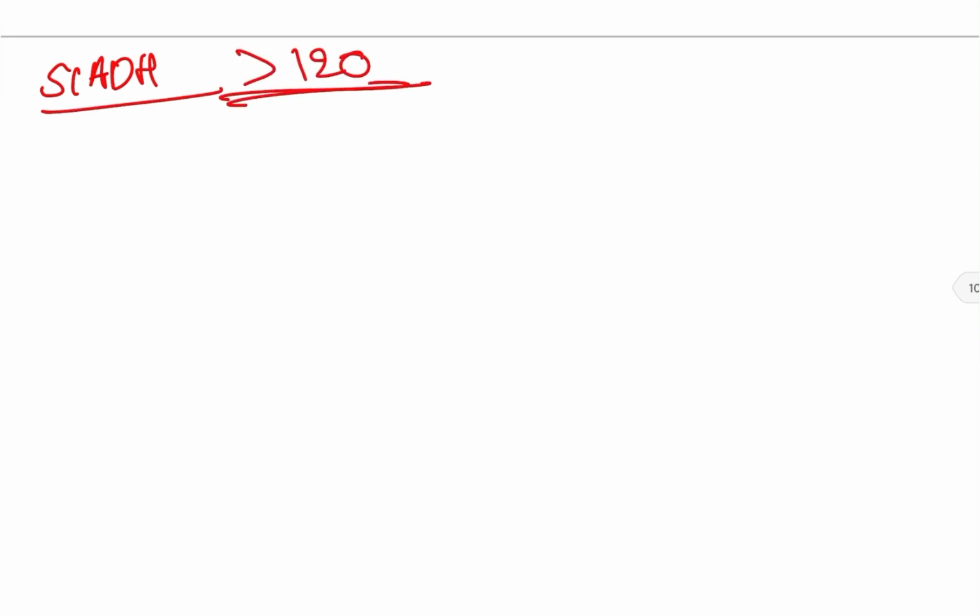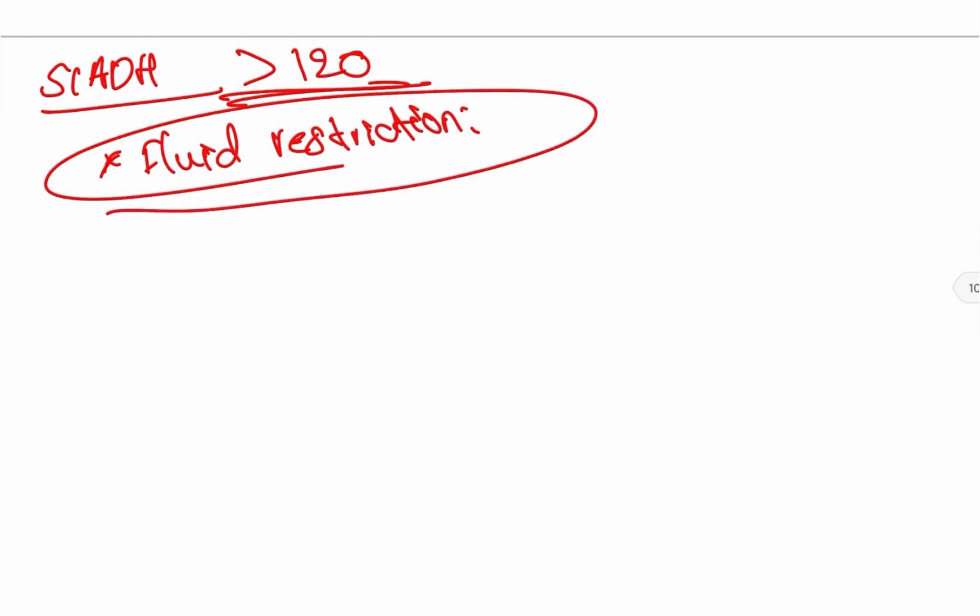Now, if the patient has chronic hyponatremia but the serum sodium is more than 120 and the patient has SIADH, the treatment for SIADH is fluid restriction. Strict fluid restriction. There are formulas to calculate how much, but fluid restriction is the basic first line of treatment for SIADH, and not vaptans. Restrict the fluid to 1 liter or sometimes up to 700 ml per day, and the patient could be treated.